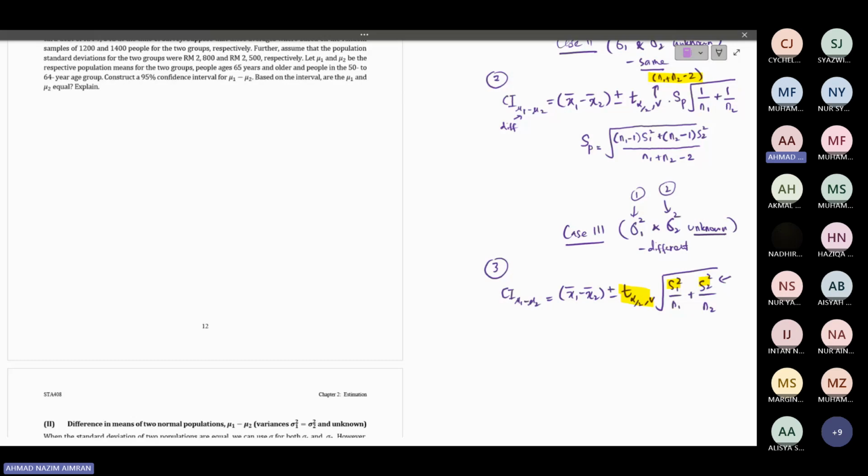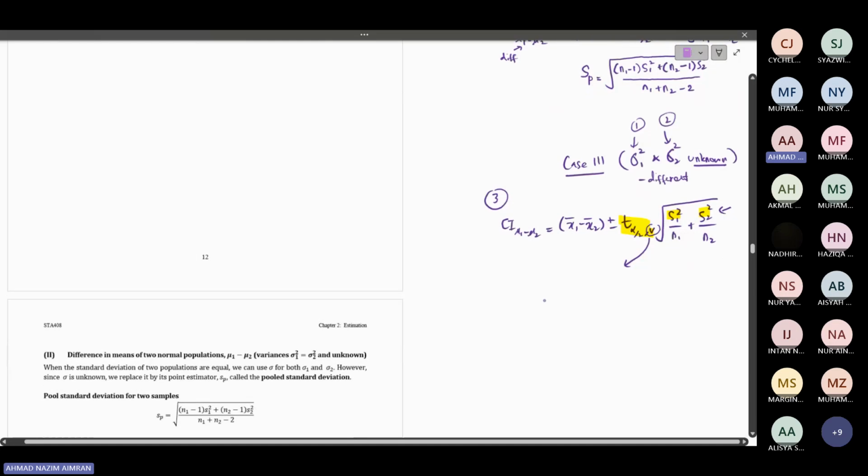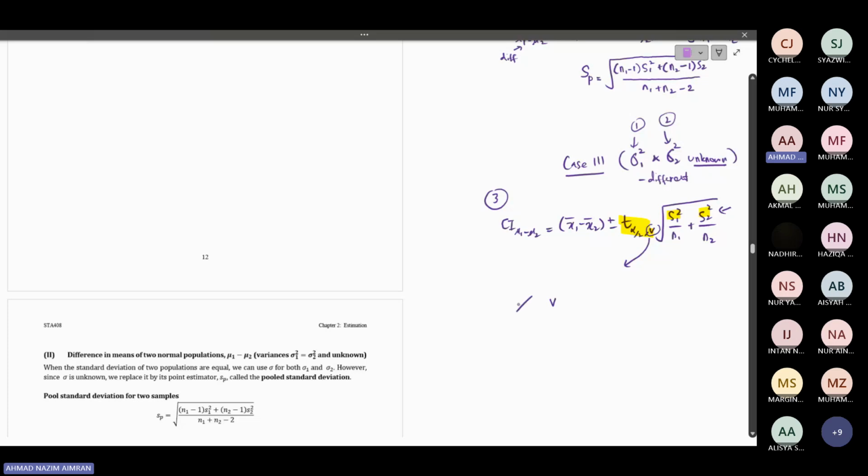But for this one, you have to find the degree of freedom using this formula. The degree of freedom for case number 3 is not n1 plus n2 minus 2.